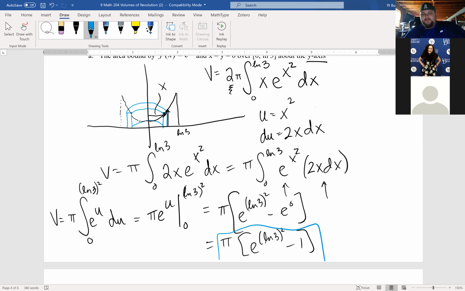So any questions about that guy? Sorry, I think I just got lost when we changed the bounds. Would it be e to the natural log 3 squared because it's x squared in the exponent, or e squared? So log 3 is the x bound, right? Mm-hmm.